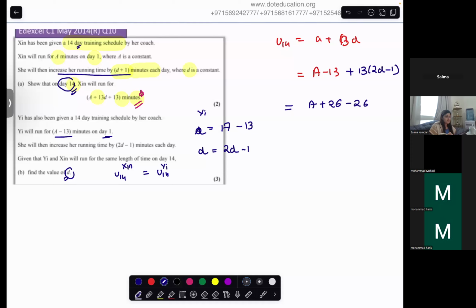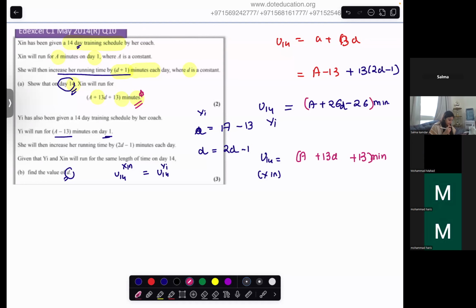That is U14 for Yi. And I already have U14 for Jin. How much is it? A plus 13D plus 13. Okay, fine.